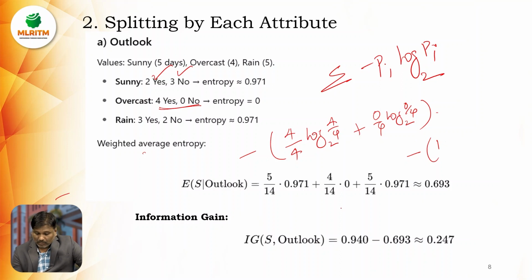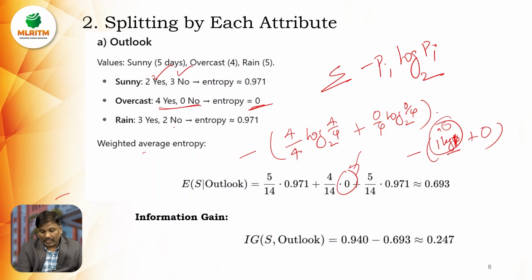Log 1 value equals 0, plus again 0 into value 0. So finally we got the entropy as 0. 1 into 0 equals 0, and 0 plus 0 is 0. Like that we can measure the entropy for rain also.